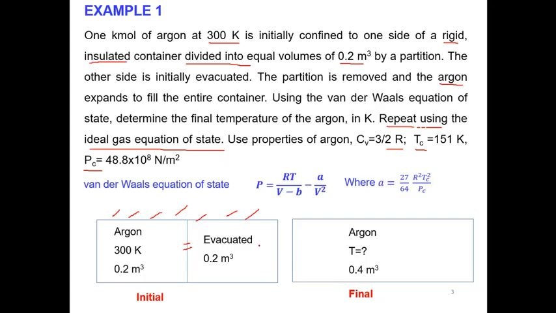Now if we remove this partition, then obviously the argon gas will expand to the whole container. Now the new volume is 0.4 cubic meter. The question is to calculate the temperature of the argon in this final state, first by considering the argon gas with the van der Waals equation of state, and then repeating the problem using the ideal gas equation of state.